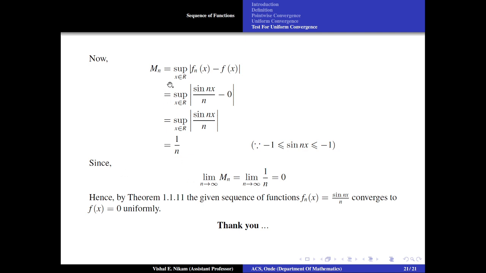Hence we get Mn is equal to 1 by n. As n tends to infinity, 1 by n tends to 0, hence by theorem 1.1, the given sequence of functions Fn of x is equal to sin nx upon n converges to the 0 function uniformly.